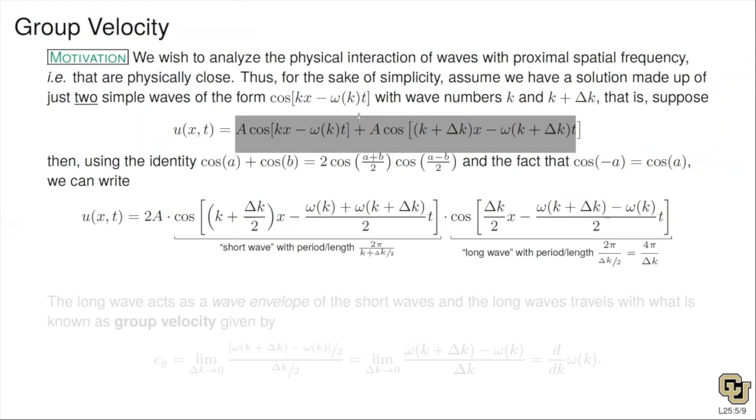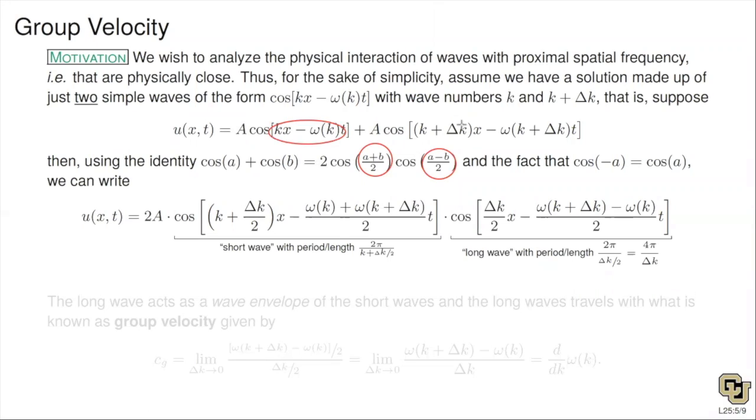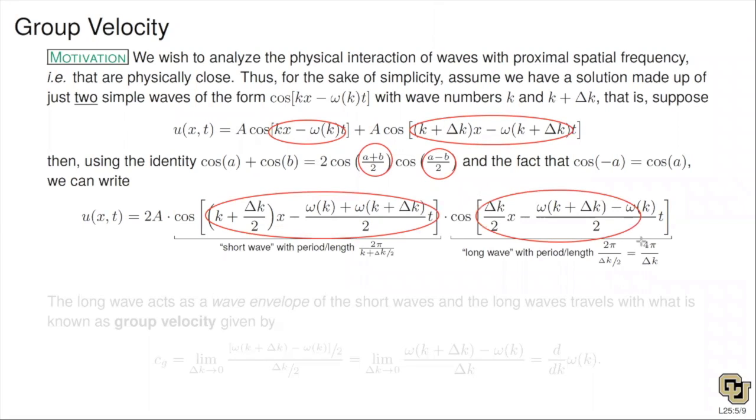Now we've rewritten it as a product, where the identity requires us to combine the arguments of these different cosine functions, which is what I've done here, and I've simplified, where this would be A and this would be B. And so I rewrite it as this product.